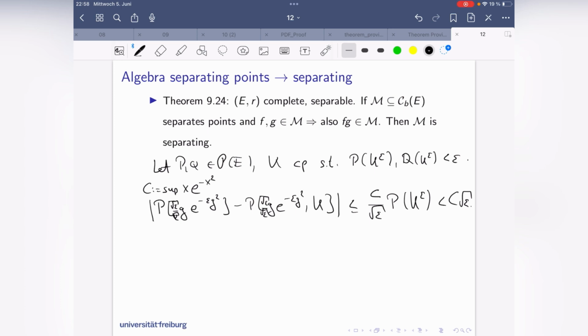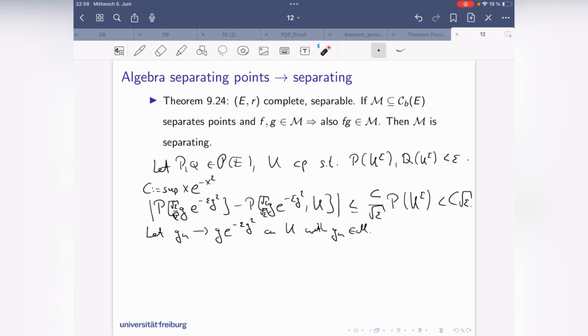Second thing, let Gn converge to g times e to the minus epsilon g squared on K with functions Gn in M. That works because of Stone-Weierstrass.